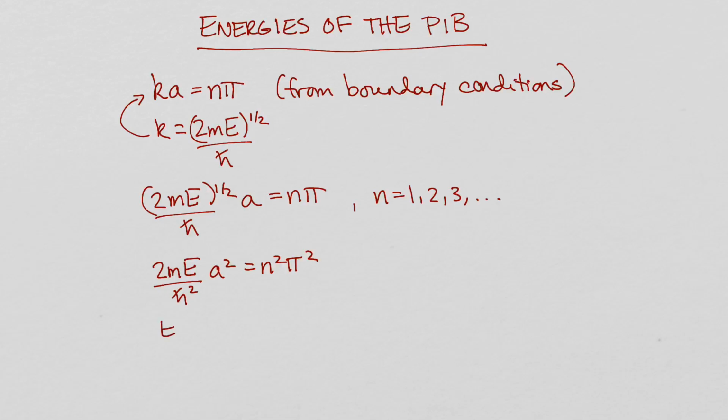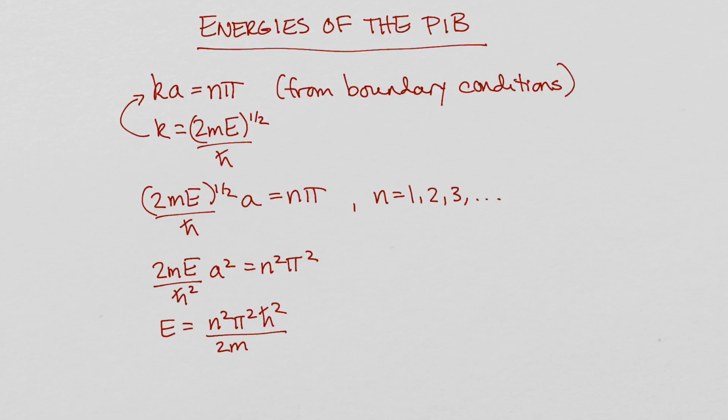So then we'll have E equals n squared pi squared h bar squared over 2m a squared. I thought I forgot to square 2, but I did not, so we're good.